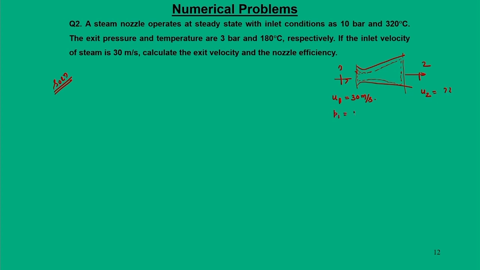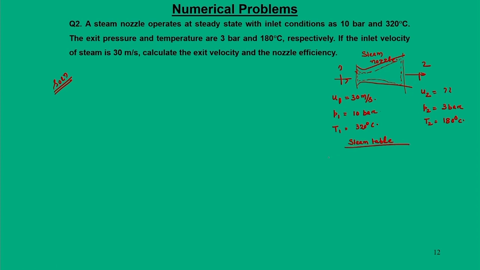Pressure is 10 bar, temperature is 320 degree centigrade, and exit pressure P2 is given as 3 bar, T2 is 180 degree centigrade. Remember it is a steam nozzle, which means we need to use the steam table to evaluate enthalpy.